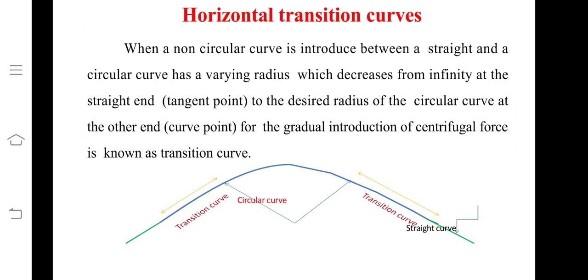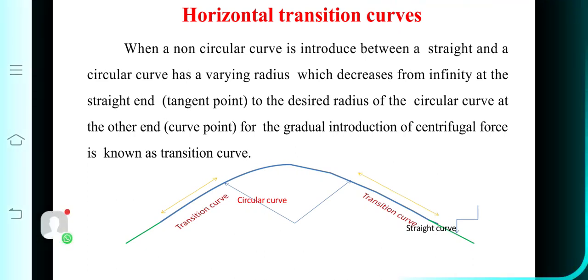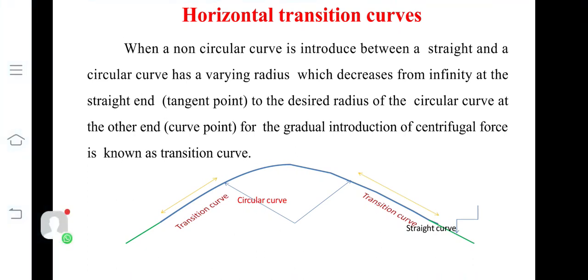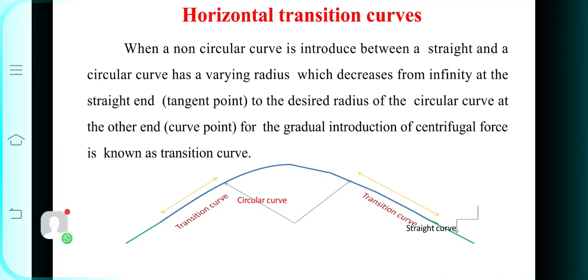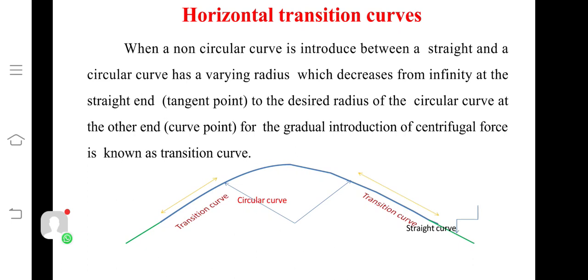Now let us focus on the new topic, that is horizontal transition curve. When a non-linear curve is introduced between a straight and a circular curve, having varying radii decreasing from infinity at the straight end to the desired radius of the circular curve at the other end, for a gradual introduction of centrifugal force, it is known as a transition curve.